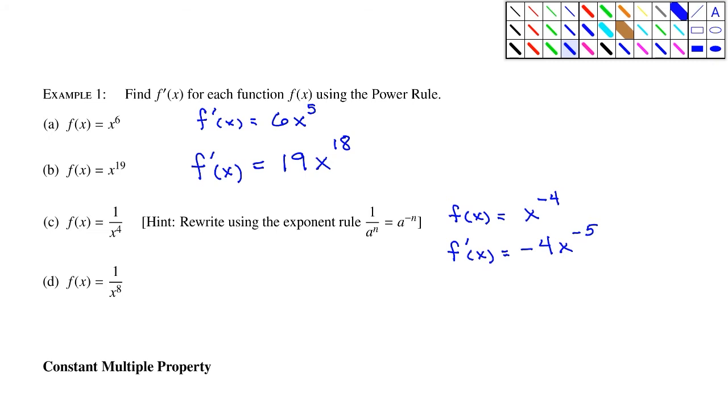And then because the original function started out with the x's in the denominator with positive exponents, you have to return this answer back to that form. So the negative goes in front. The 4 is not affected by the negative exponent, so it stays on top. And x to the 5th floats down to the bottom, making it x to the positive 5th power.